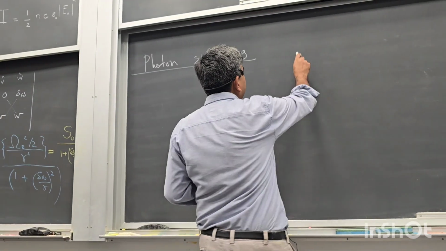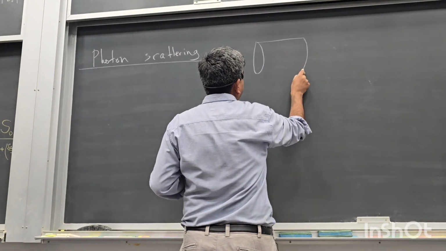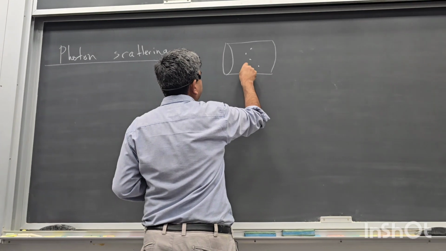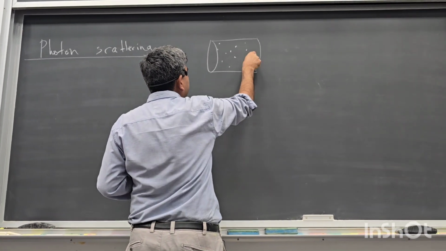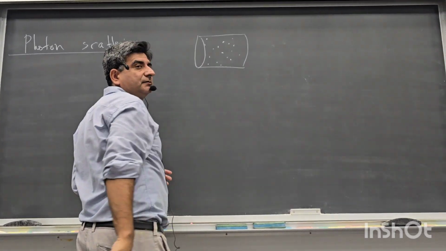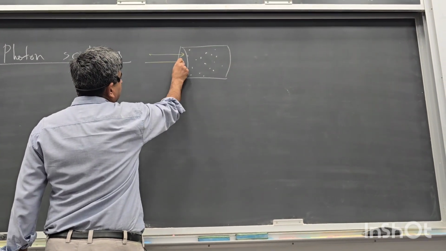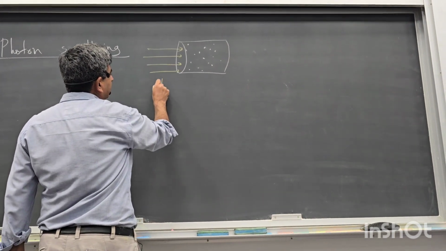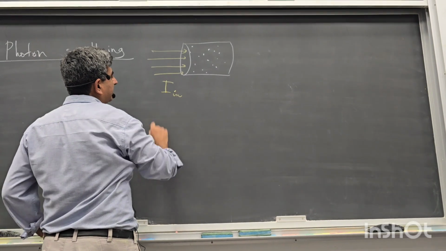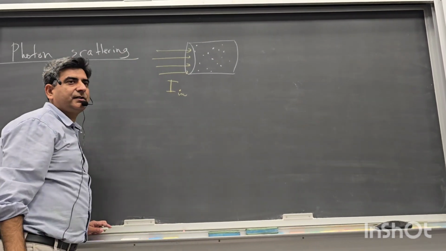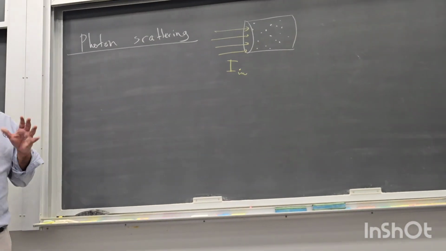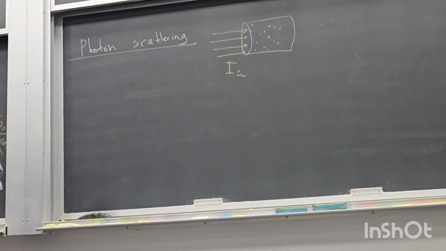Say we have a cell evacuated in which we put in atoms, and these are two-level atoms. And we shine light on it. Some incident electric field is coming in, with some intensity. Now we see this object because photons are being scattered from this object.